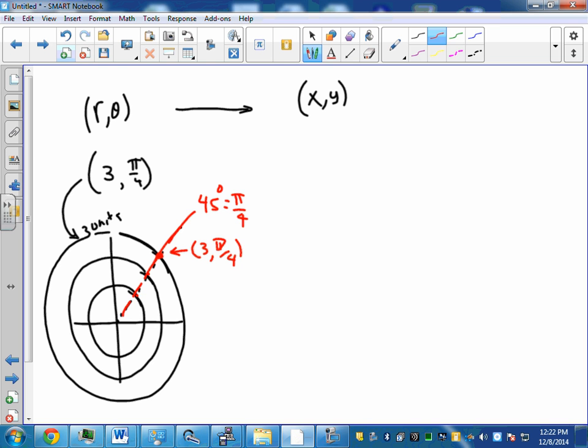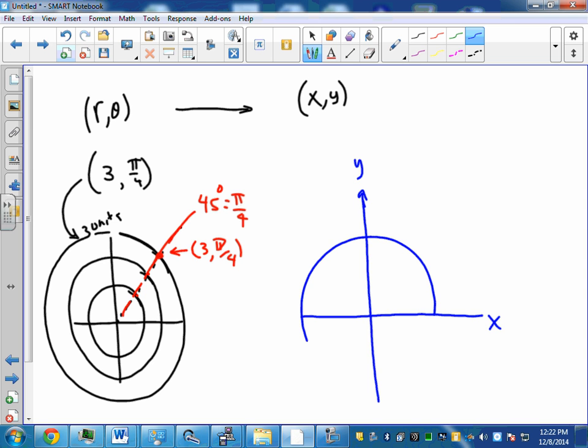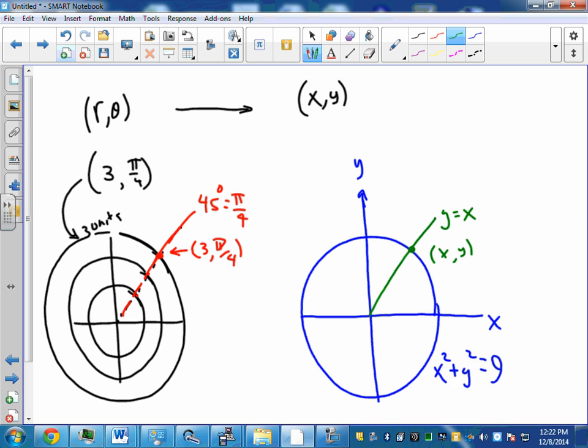Okay, so the task now is to convert that information to rectangular coordinates with x and y. Now, you can do it all algebraically. Again, we've seen this before. This is our circle. We have x squared plus y squared is 9. And we have this line, y equals x. That's a 45-degree line. And we have this point. And our task is to figure out x, y.